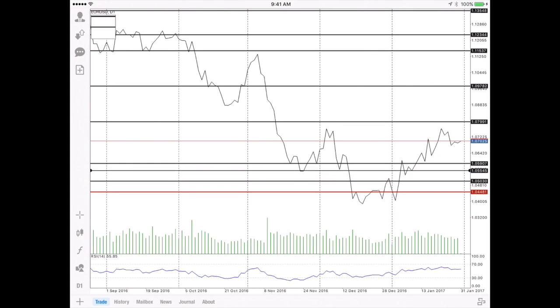All right, so we had some activity around this area. And we had almost at the top levels here, it's a double top. Keep an eye on that.